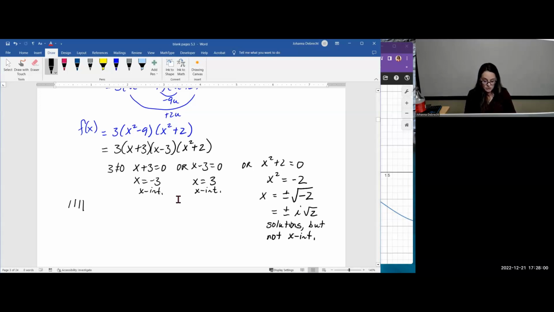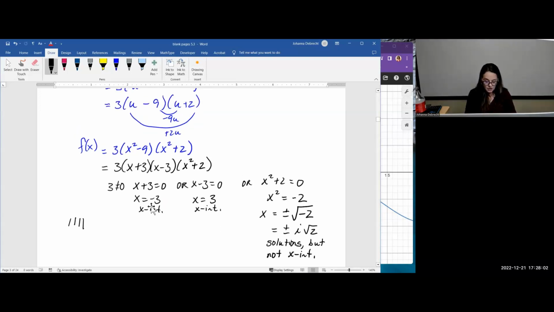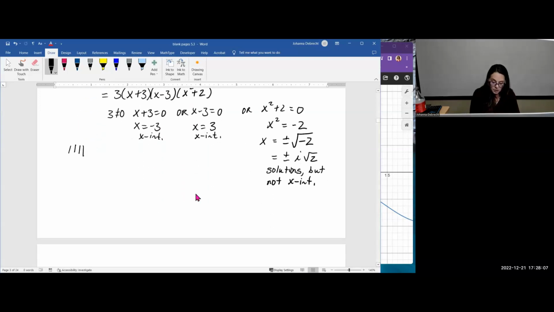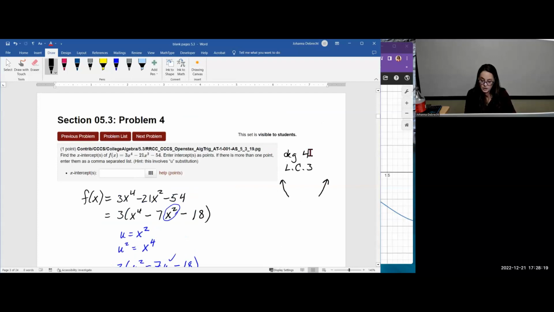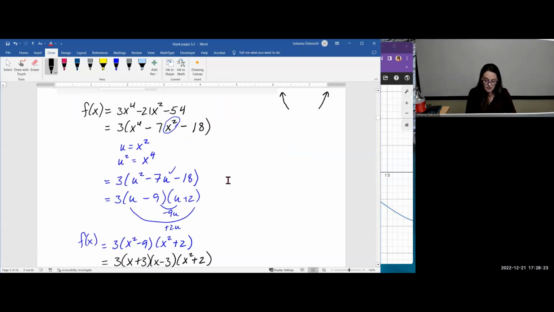So what is this going to look like? Well, I found the negative 3 one time and the 3 one time. So I know when I graph this that it's going to cross here at negative 3 and over here at 3. And the leading coefficient was 3 and it's degree 4. So it's going to be up on both sides.